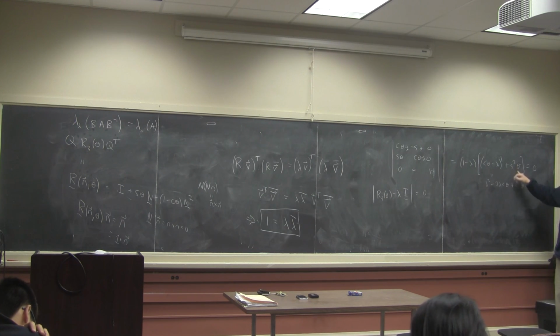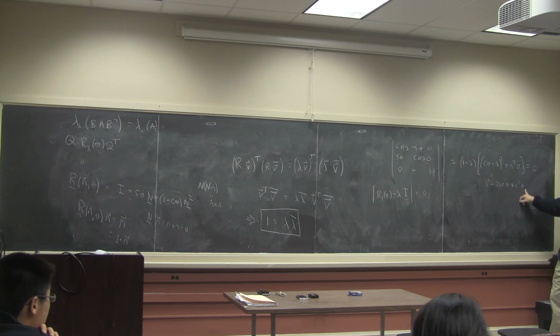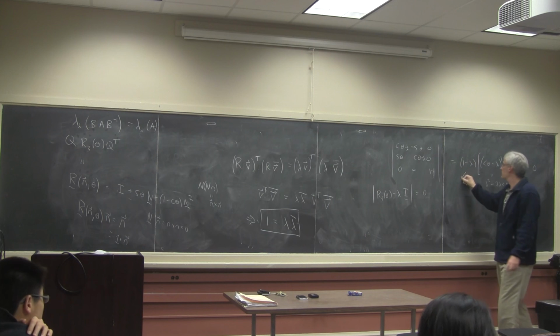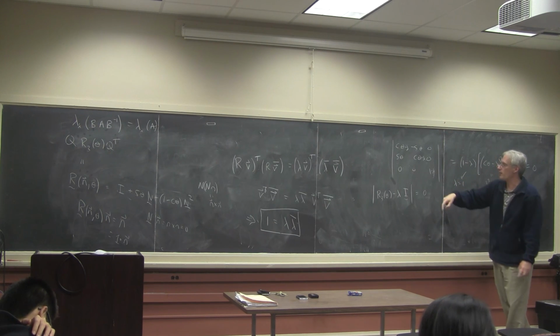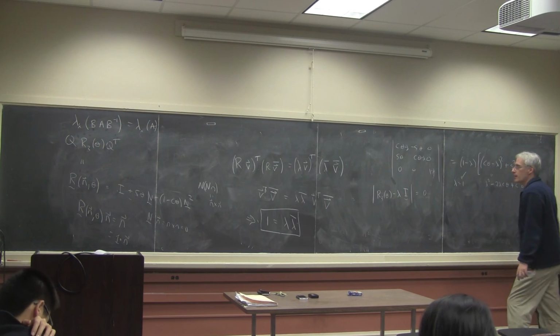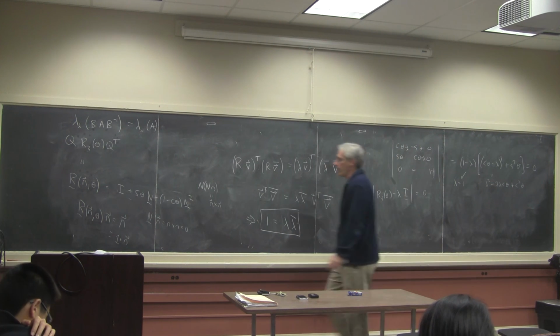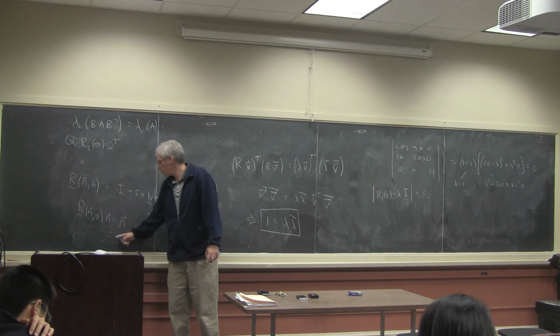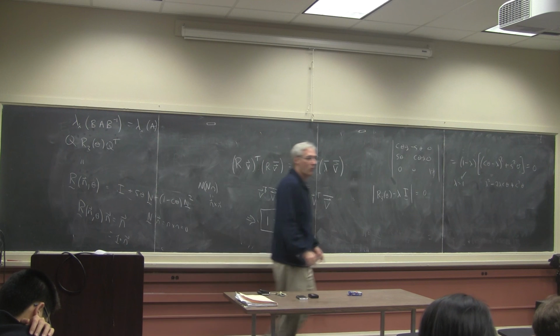Cosine squared theta and sine squared theta sum to 1. This gives us lambda equals 1. We knew that already from the argument I made over here, that the vector n was an eigenvector with eigenvalue equal to 1.